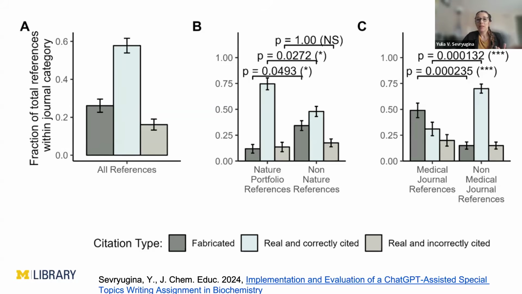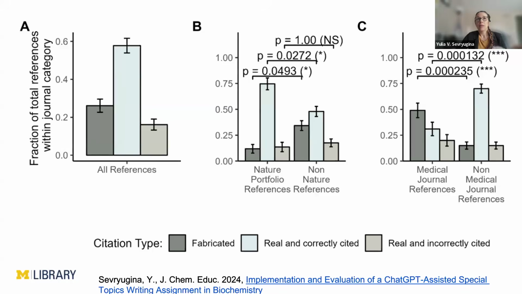And if we separated Nature from non-Nature family journals, it seems like references from the Nature family were mostly correct, and references from non-Nature family journals were very often non-existent or something was incorrect.